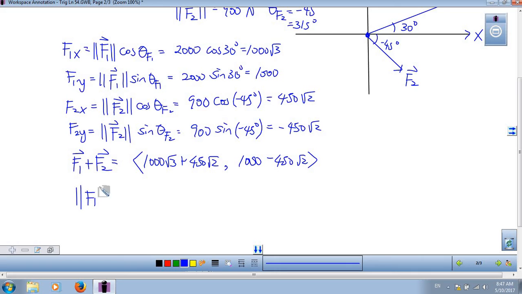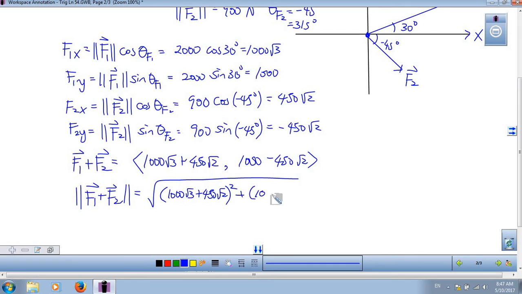So its magnitude is going to be the square root of x squared plus y squared. Let's write that: the square root of the quantity 1000 square root 3 plus 450 square root 2, squared, plus the quantity 1000 minus 450 square root 2, squared.